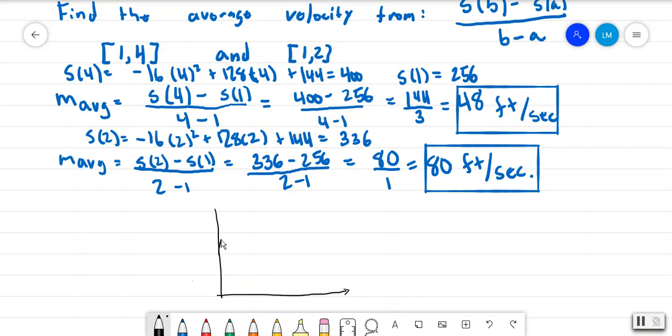This is what it'll look like. So we have that that's going to be 144. But then if you choose 1, maybe that's 1 right there. But then you just choose another point, right here.